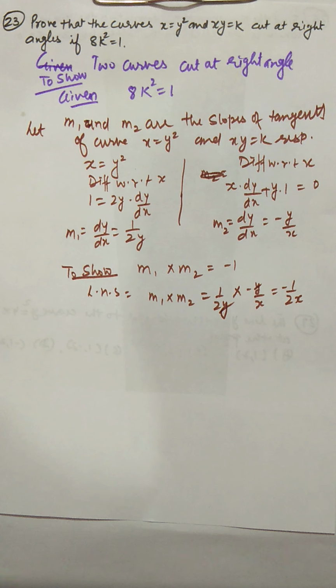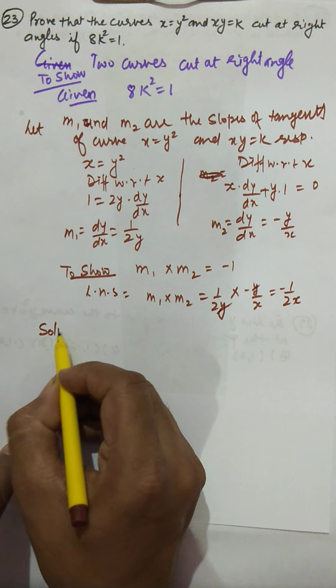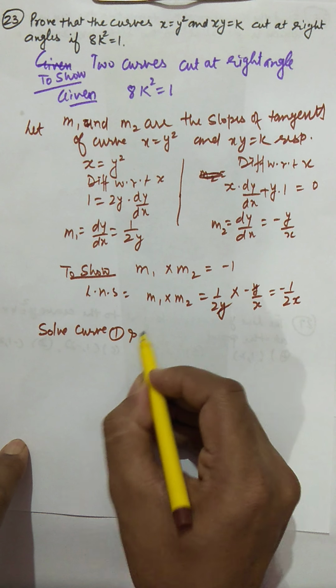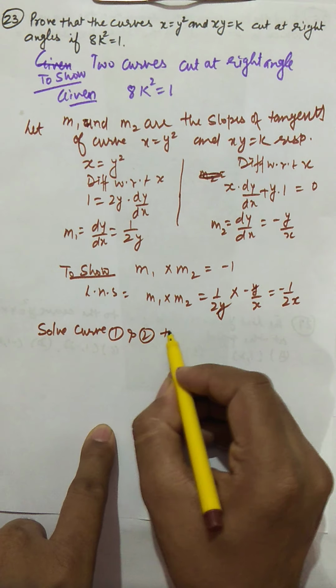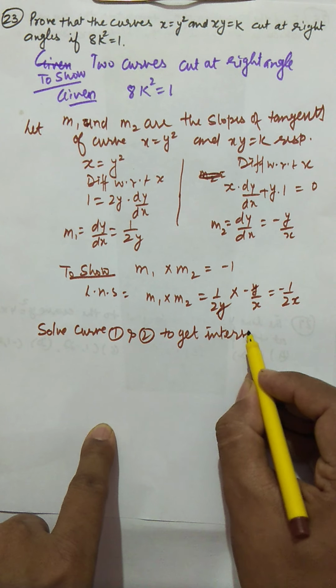We have to see, because one more piece of information is given to us, that 8k square is equal to 1. So we will solve curves 1 and 2 to get the meeting point, the intersection point.